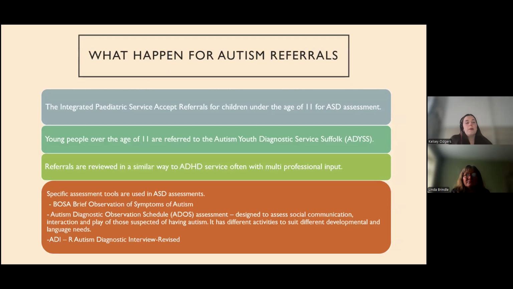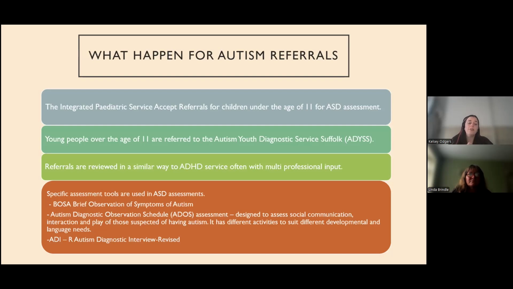So thinking about what happens to an autism referral. The important thing to say here is that there are two parts to this. The integrated pediatric service accepts referrals for children under the age of 11 for an autism assessment. But the Autism Youth Diagnostic Service in Suffolk, ADIS for short, sees young people over the age of 11 and they're referred to that team.